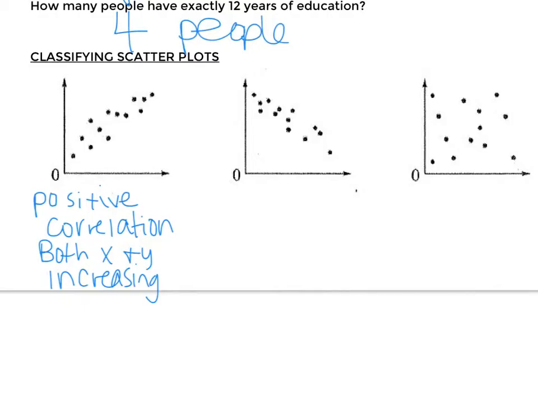Okay, well, let's make a guess here. If this is a positive correlation, what classification do you think this one has? It is a negative correlation.